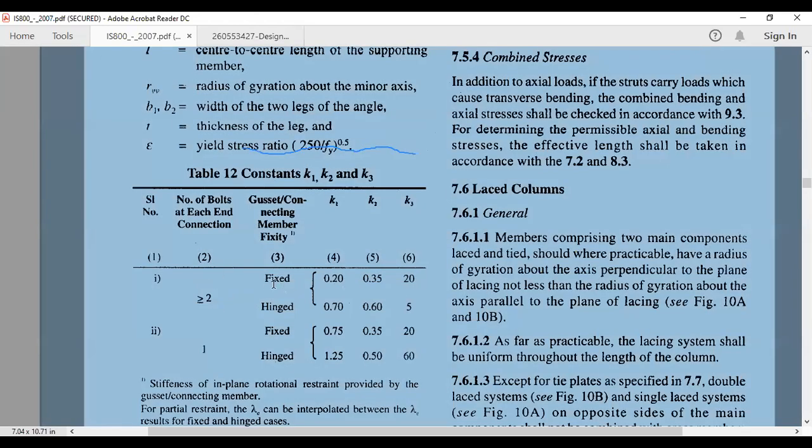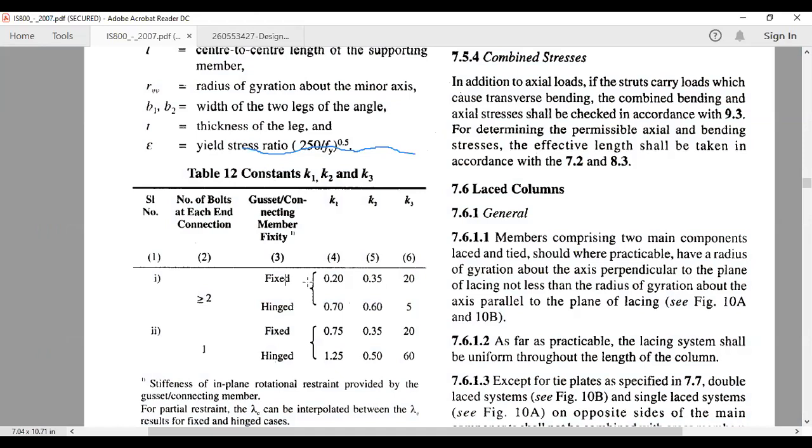You can see for the fixity condition, if you assume the condition to be fixed, the values are here. If the end conditions with 2 bolts are hinged, then the values are 0.7, 0.6, and 0.5. You can interpolate for intermediate conditions of partial fixity.